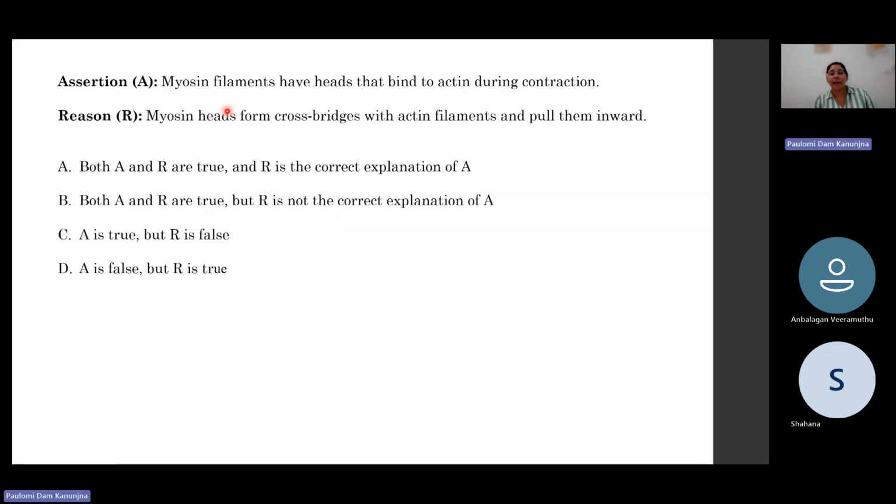Okay, next one. Myosin filaments have heads that bind to actin during contraction. Myosin heads form cross bridges with actin and pull them inward.